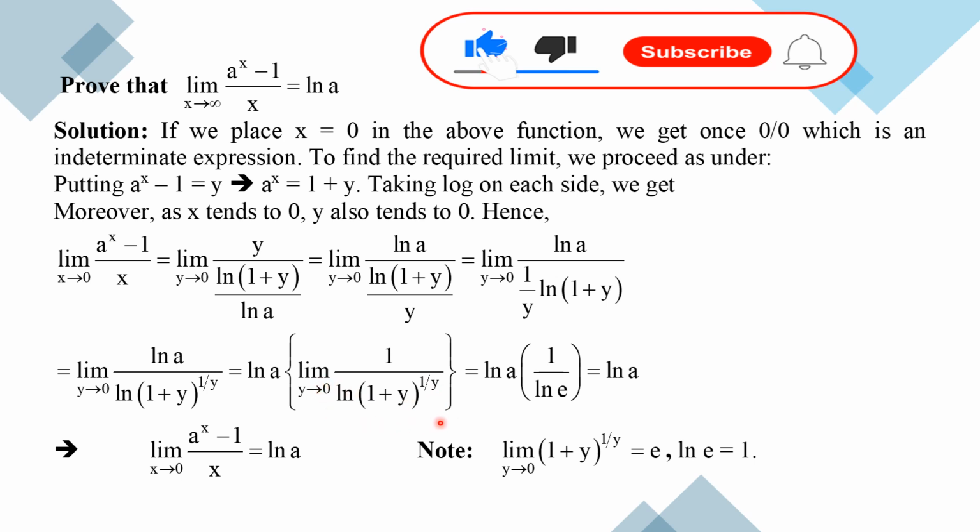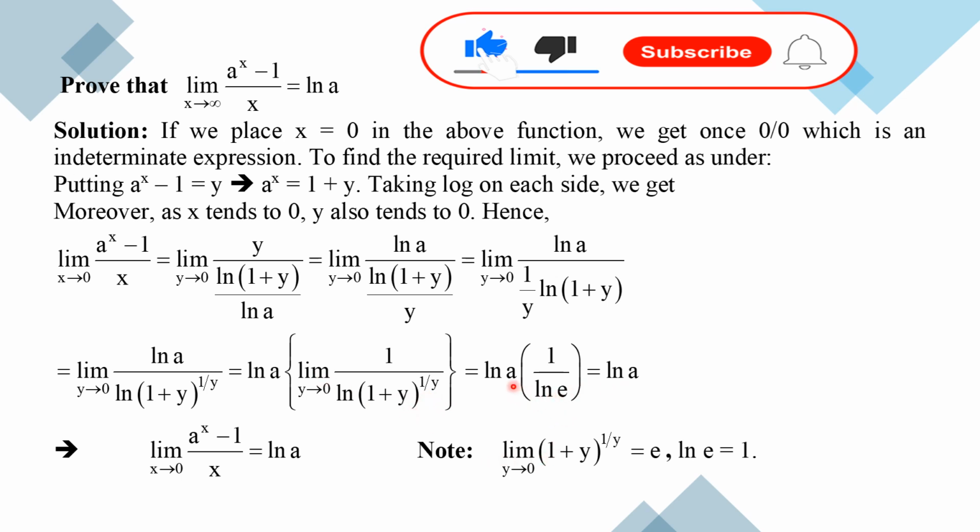Limit y tends to 0, it becomes e by the formula limit x tends to 0, 1 plus x to the power 1 over x. So limit y tends to 0, ln 1 plus y to the power 1 over y: if we apply the limit, we will have e.